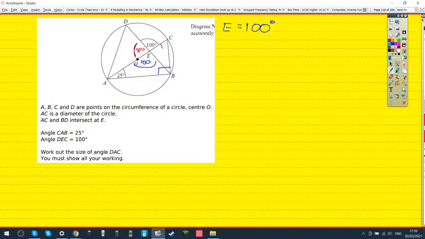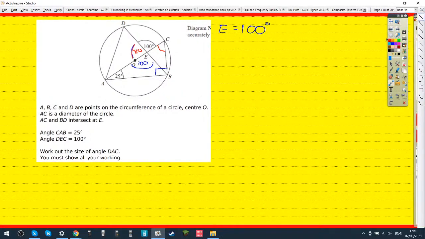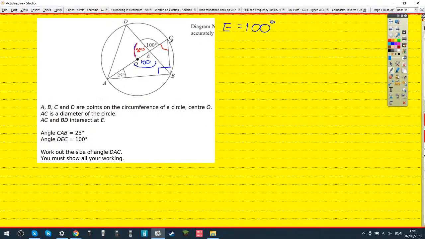Any idea about this angle up here? So it's in a triangle. 20? Is it 25? No. Oh no, 90.